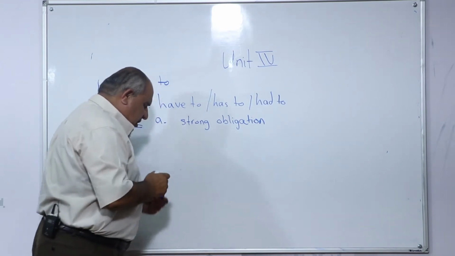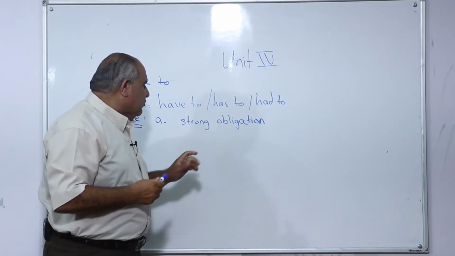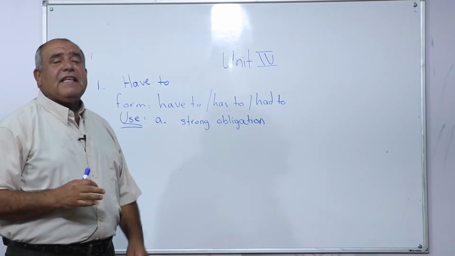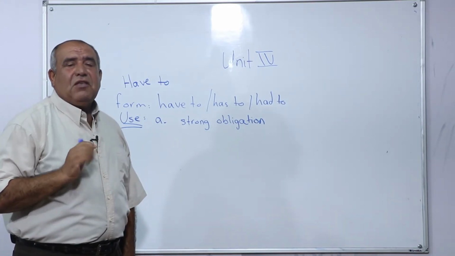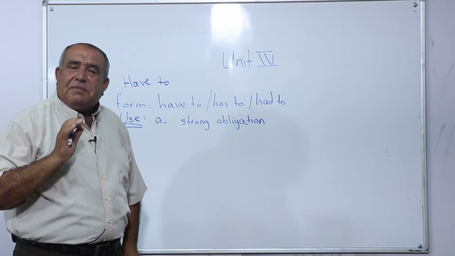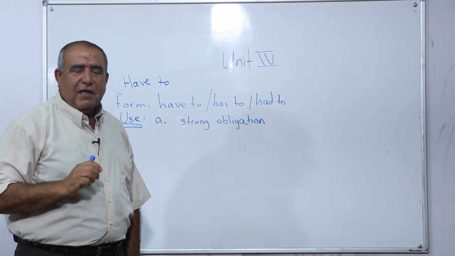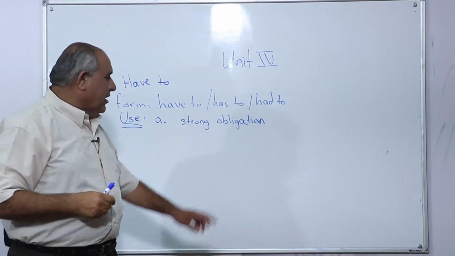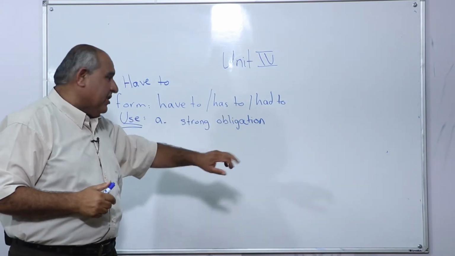Strong obligation means that a sentence with have to or has to or had to means that it is very necessary that you do something. It is indispensable that you do something, that you must do the thing you are talking about. Now this is called a strong obligation.